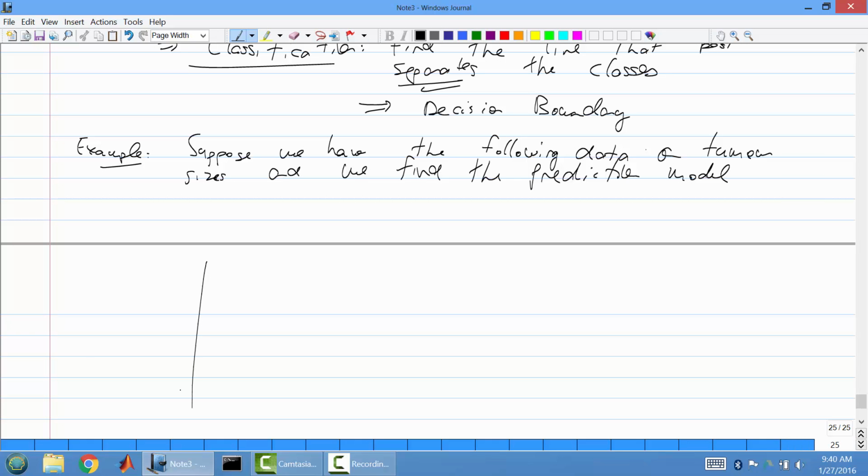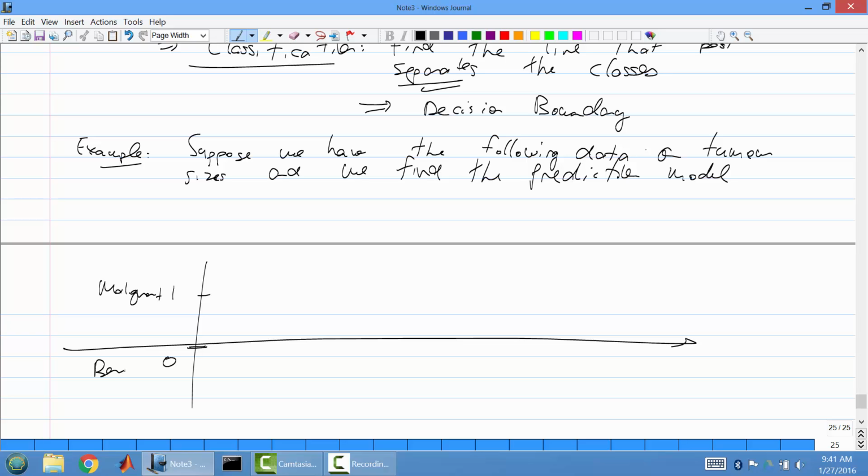So let's say I had something like this. This is 0 and this is 1. So this is benign and malignant. This is benign. Let's say I had a bunch of points here. This is tumor size. Usually when you have larger tumors, it's classified as malignant. So something like this, I guess, for example, okay?